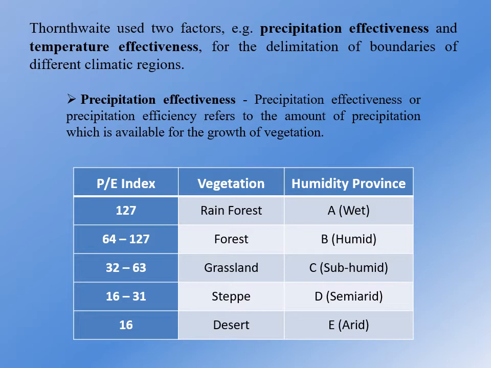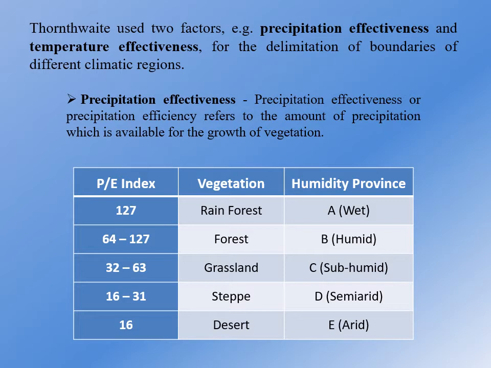So Thornthwaite basically produced a system in which he takes two factors into consideration. One is the precipitation effectiveness, another is the temperature effectiveness.